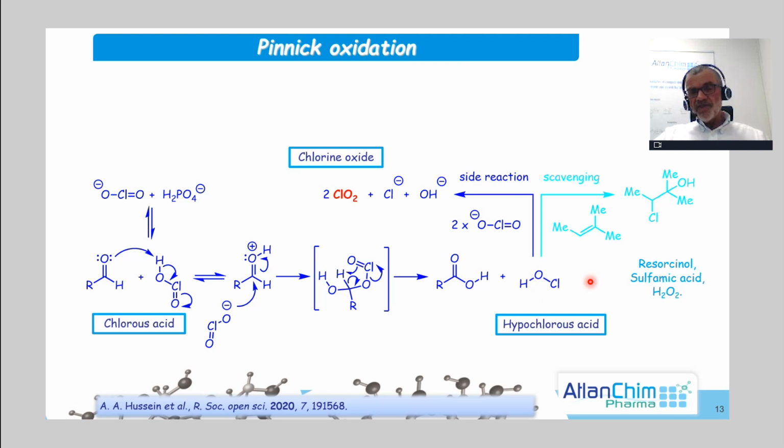It has been found that hypochlorous acid here can cause undesirable side reactions, such as epoxidation of the electron-rich carbon-carbon double bonds. It should also be pointed out that the hypochlorous acid here destroys sodium chloride, leading to the formation of chlorine oxide, a problematic gas on large scale, as we will see in some examples.